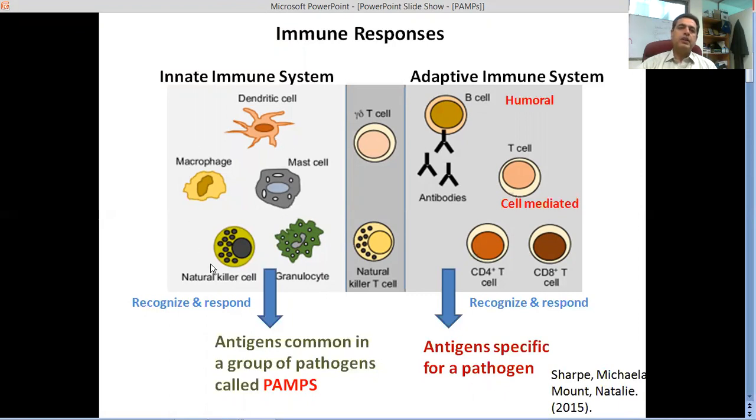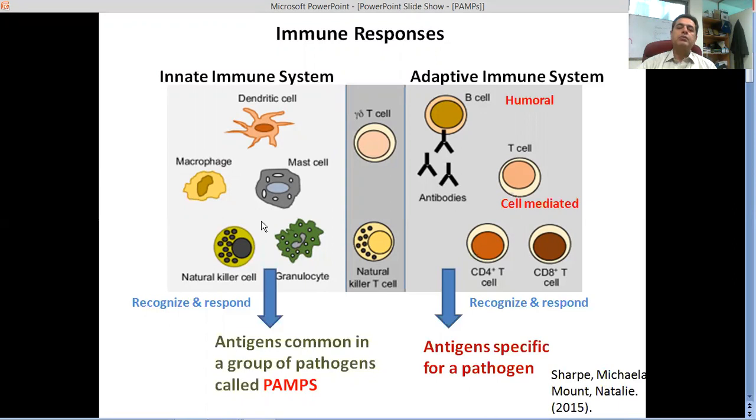And how do they recognize the pathogens? The innate immune system recognizes antigens common in a group of pathogens called PAMPs, or pathogen-associated molecular patterns. It means that these cells have receptors for the recognition of groups of pathogens.